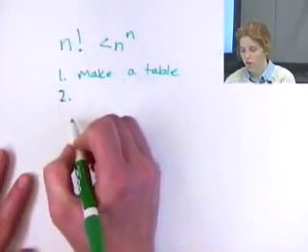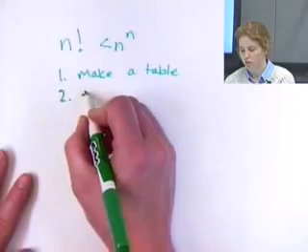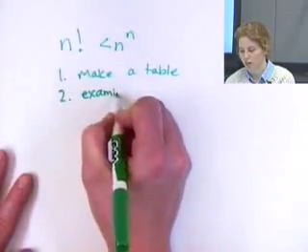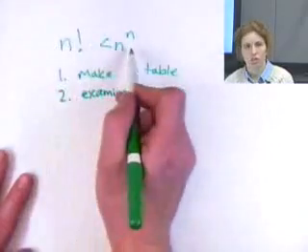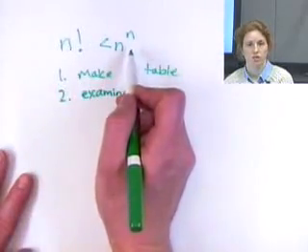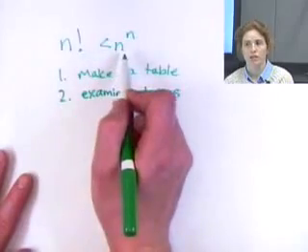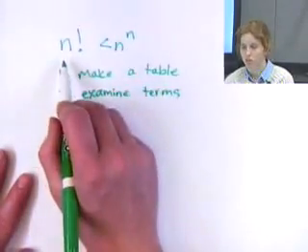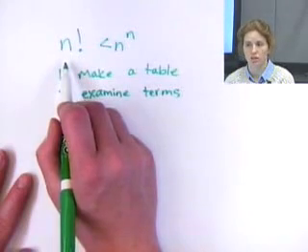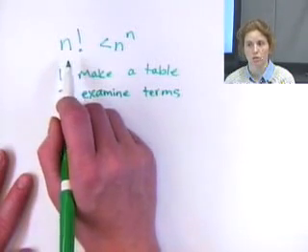The other way I could do it is examine the terms on both sides. Both of these are products, right? On the right-hand side, there's n terms, and all of them are the same. On the left-hand side, there's n terms, and they're not all the same, but all of them are less than or equal to n.